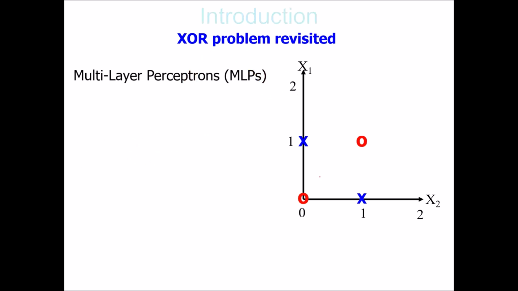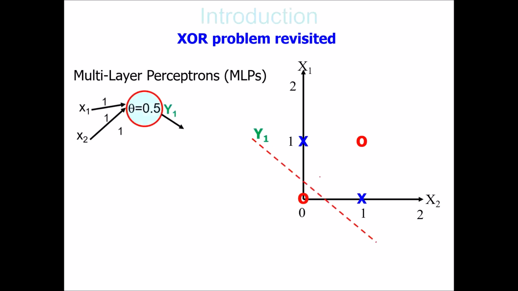In a simple way, we need to use a multiple-neuron structure. For instance, you will have this first simple neuron, which constructs the first decision boundary y1 here, and then you stack it with a second neuron in the same condition, which has a decision boundary y2.